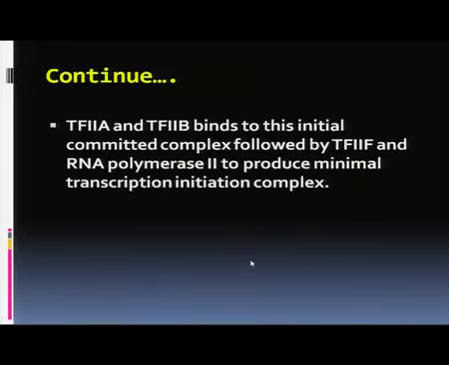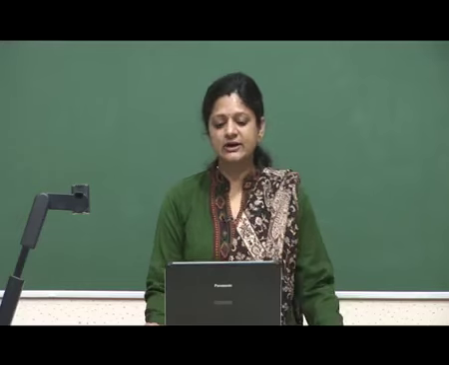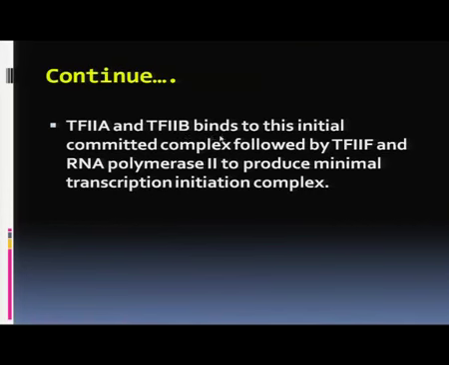In continuation, after the binding of TF2D over the TATA box, transcription factor 2A and transcription factor 2B bind to this initial committed complex, followed by transcription factor 2F and RNA polymerase 2. As I told you earlier, RNA polymerase 2 helps in the transcription of protein coding genes, which will be transcribed to form messenger RNA.